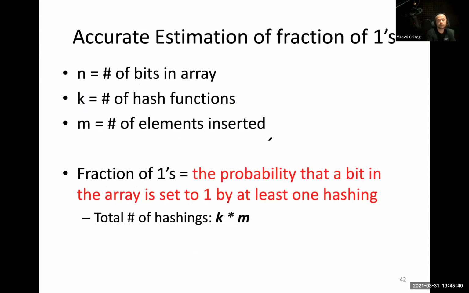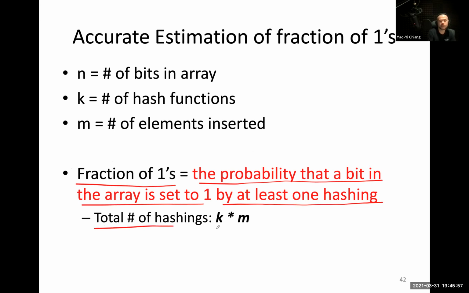All right, so is this good? Well, it's not very good because this upper bound is very loosely defined. So the fraction of ones is the probability that a bit in the array is set to 1 by at least one hash function. And the total number of hashes is k times m.